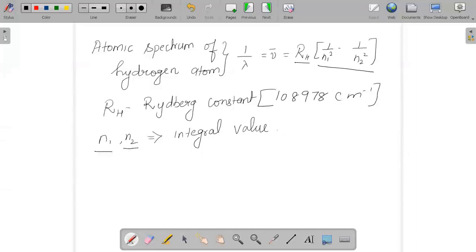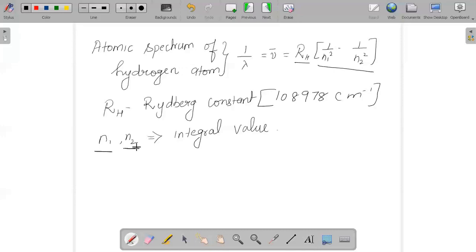But why do we need N1 and N2, and how do we calculate the atomic spectrum from it? N1 and N2 depend on the spectral region where it is falling, whether it is the ultraviolet region, the visible region or the infrared region. So based on the region you get the value of N1 or N2, or if you know the values of N1 and N2, you can decide the spectral region.